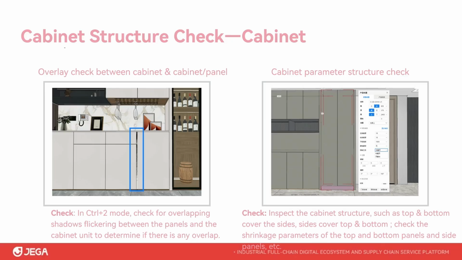Second is that you need to check the structures of the cabinets, like the joint methods between the cabinets, including the joint methods for the panels. Like top button covers the side, side covers the top and bottom. Next is the shrinkage values for the panels and shelves.